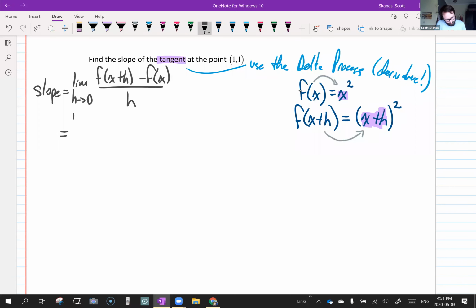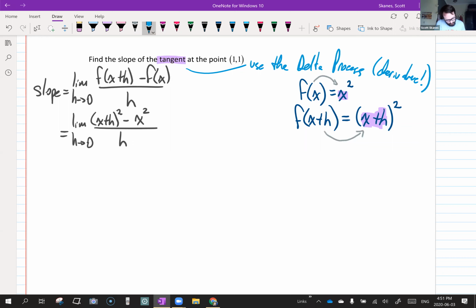We have the limit as h approaches 0. I'm going to substitute in these things: x plus h all squared minus x squared over h. Where did I get those from?